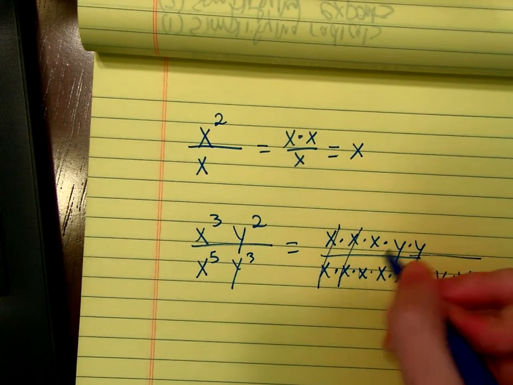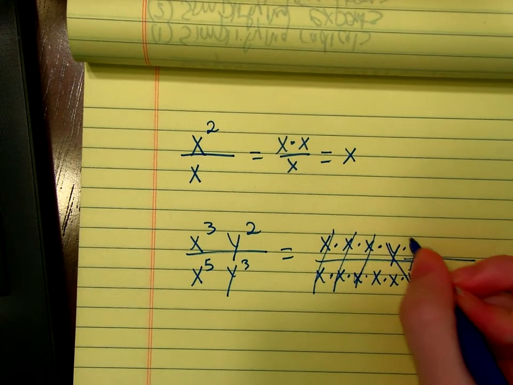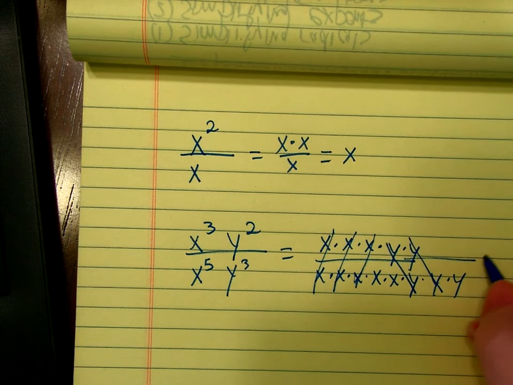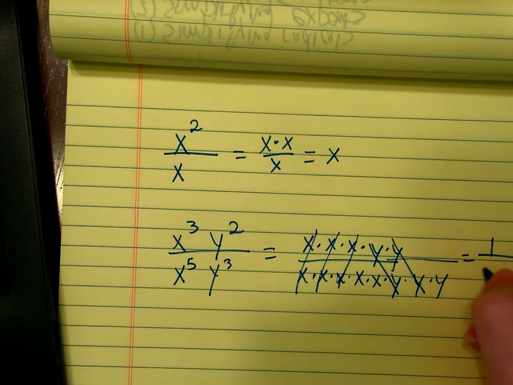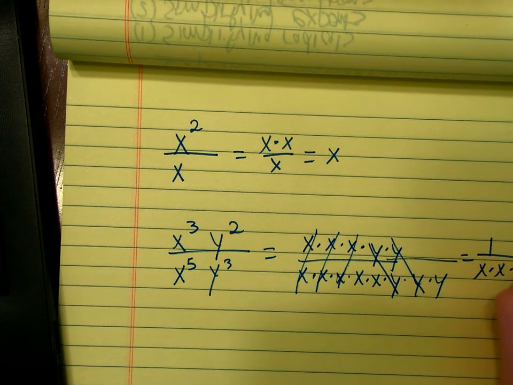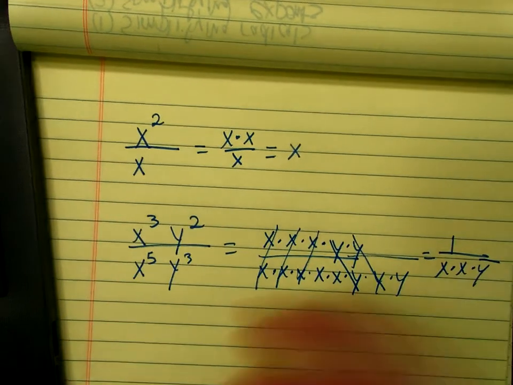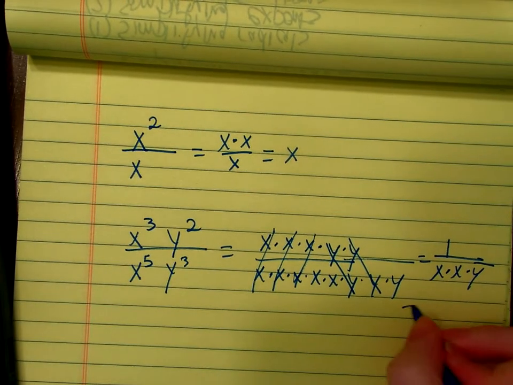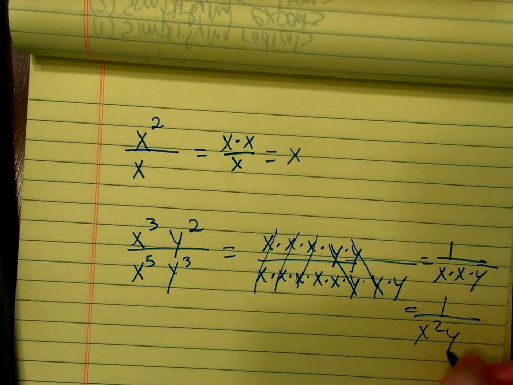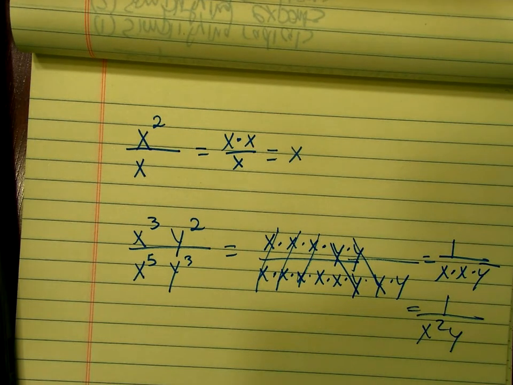So now we can cancel out all of our repeats, and we're left with just 2 x's on the bottom times a y. Scoot that over. So then we just have 1 over x squared times y. That's the basic idea.